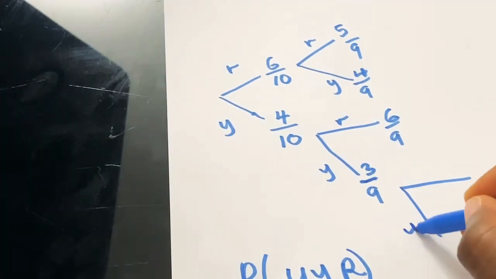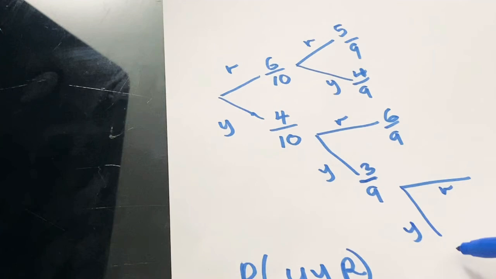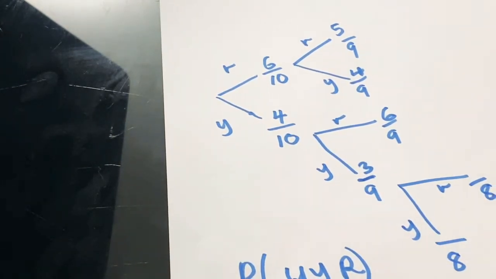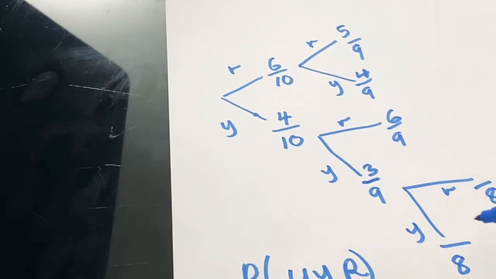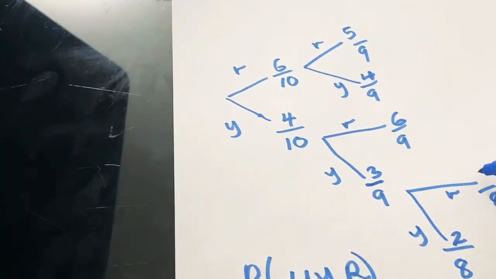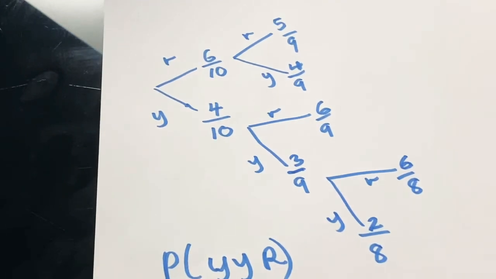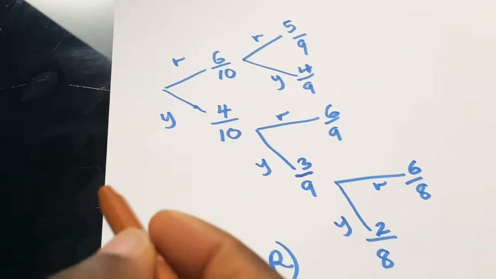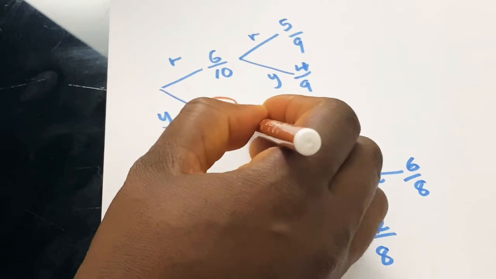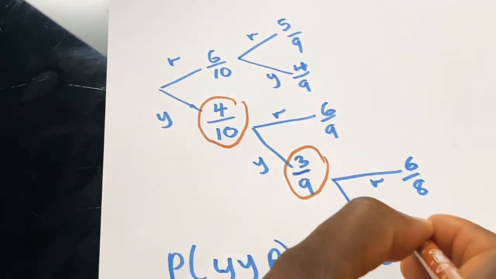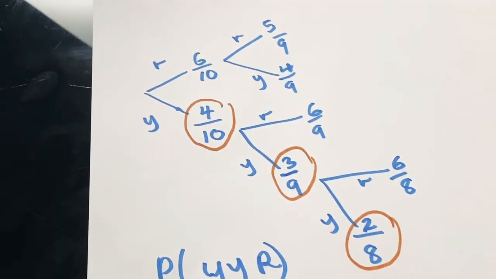If you choose a yellow this time again, then of course it will all be 8s, because you've removed 1 and it's not replaced. So yellow here would be 2 out of 8, and red will be 6 out of 8. So that's the part that we are after. And to get that probability for yellow, yellow, red, we have to multiply these together. So let's do that.